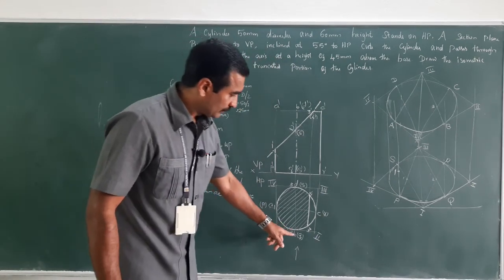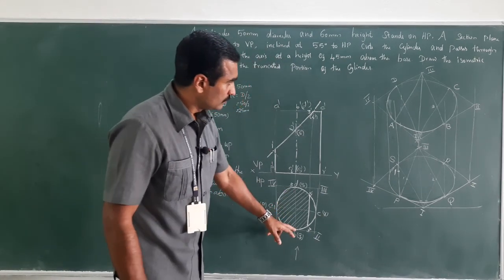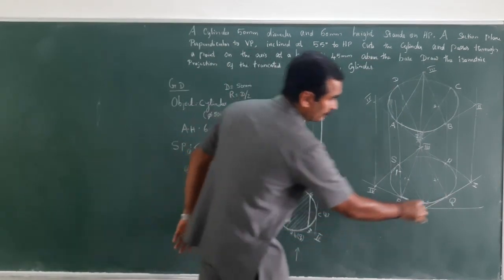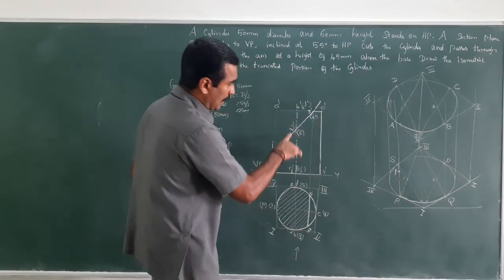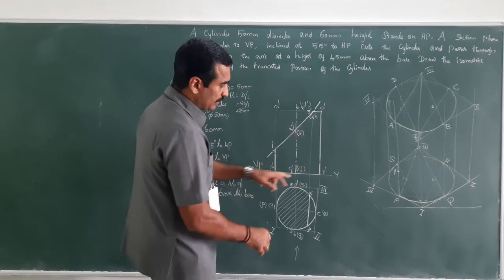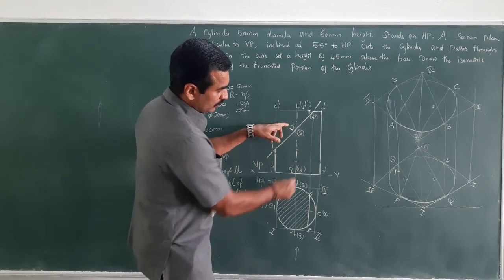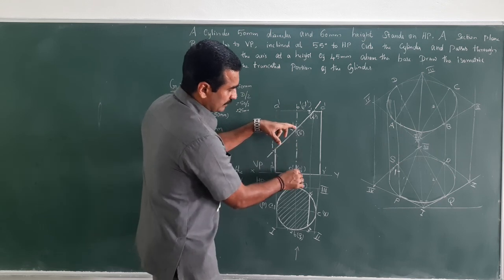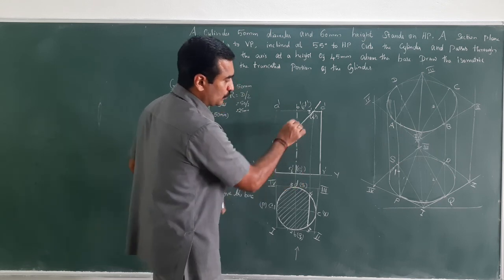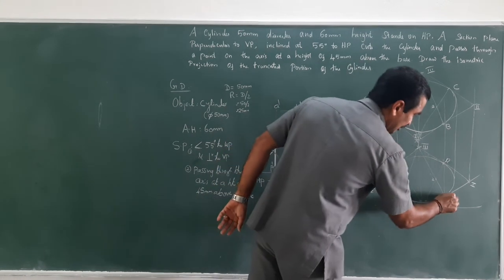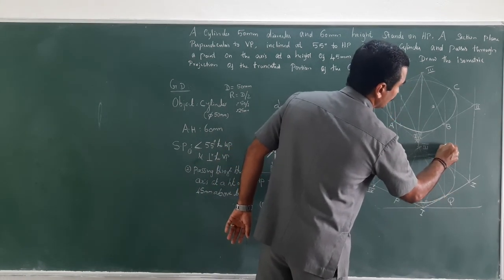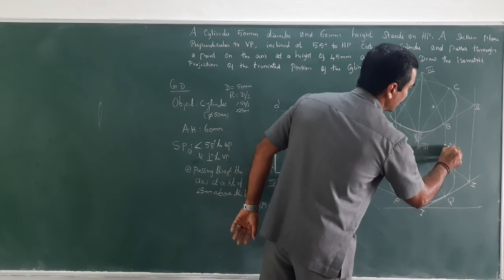Now, look at here, this is Q, the bottom base is Q, right? So, on Q, we have 2. Measure it from Q to 2, which is visible. Stretch your compass from Q to 2 and keeping at Q, cut an arc. This is point number 2.